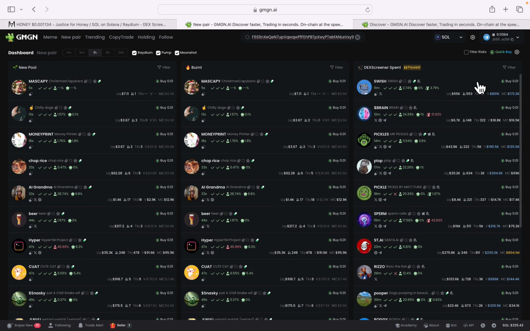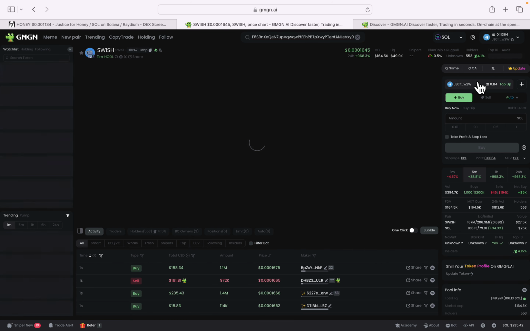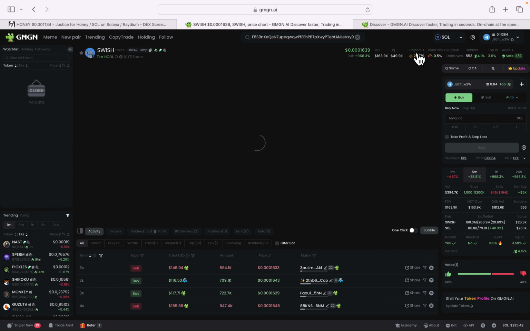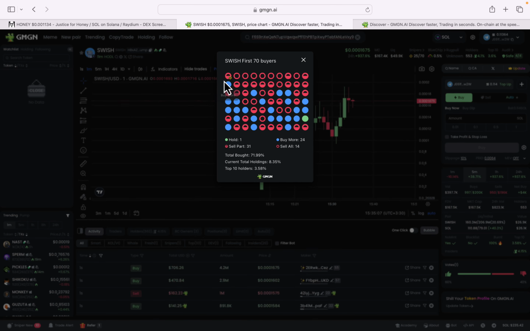Let's click, for example, on this one. If I click on the snipers, you can find the first 70 buys for this token.